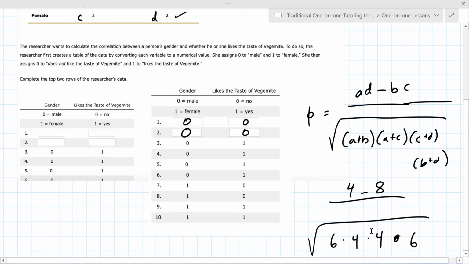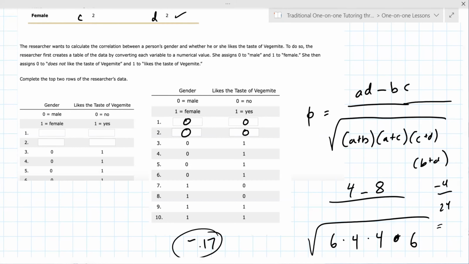So that's on the bottom. 6 and 4, 24. So it's negative 4 over 24. You said negative 0.07 was one of them. Let me see. Negative 0.17. Yeah, 0.17. That's what this equals. Okay. Yeah, that works.